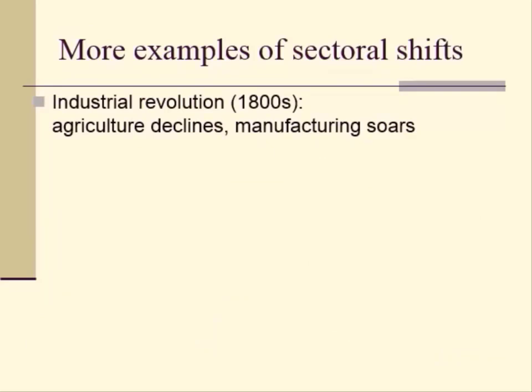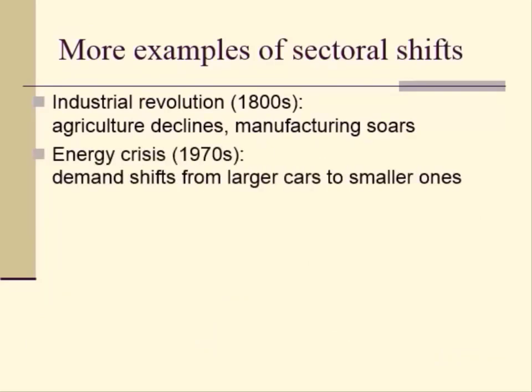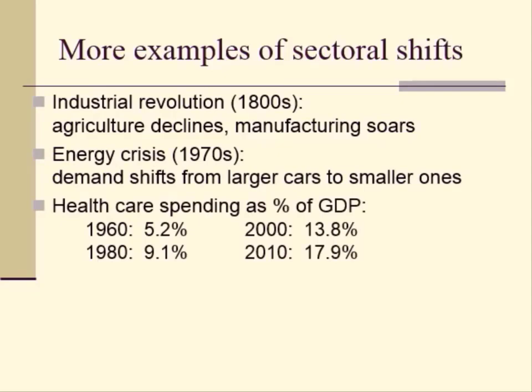Here are more examples of sectoral shifts. These are big changes that have occurred over many years. First is the Industrial Revolution in the 1800s. At that time, agriculture declined and manufacturing soared. Second is the Energy Crisis of the 1970s. At that time, demand shifted from larger cars to smaller ones.